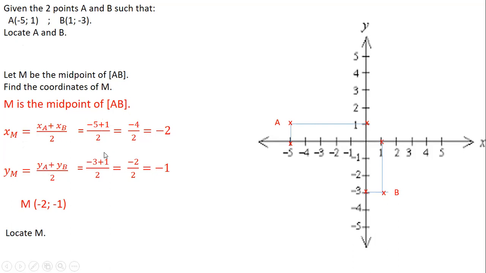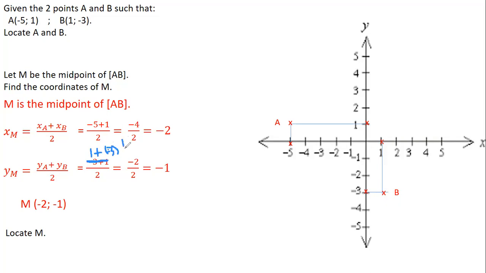Sorry for these typing mistakes. So YA is 1. Let me erase these. YA is 1 plus, what is YB? YB is negative 3. Now, positive times negative is negative.